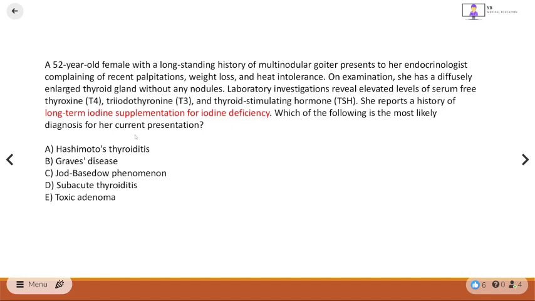Which of the following is the most likely diagnosis of her current presentation? So since she was deficient in iodine and she's taking iodine supplementation, this will lead to increased thyroid hormone synthesis by the nodules of the thyroid that are autonomous from the entire thyroid gland. So this will lead to the Jod-Basedow phenomenon.